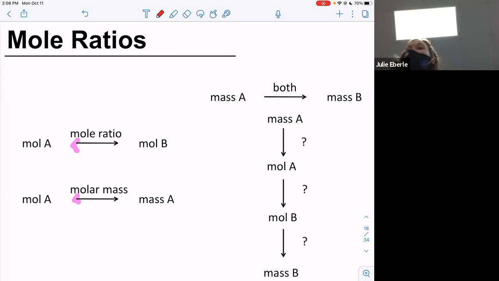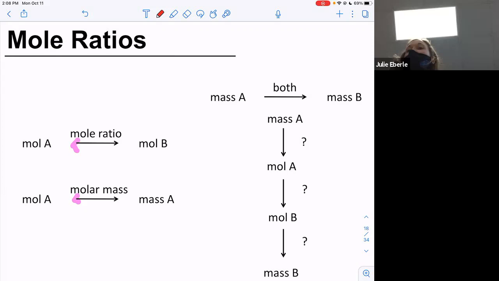And then it's literally the exact same setup, but once you get here, anybody want to fill this in? What's the last thing we're going to do? We have moles of tungsten oxide if we stop here. How do we go from moles to number of molecules? That's Avogadro's number. Do I put it on bottom or on top?